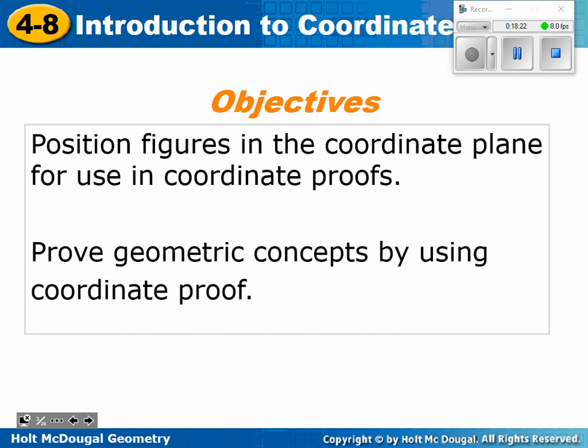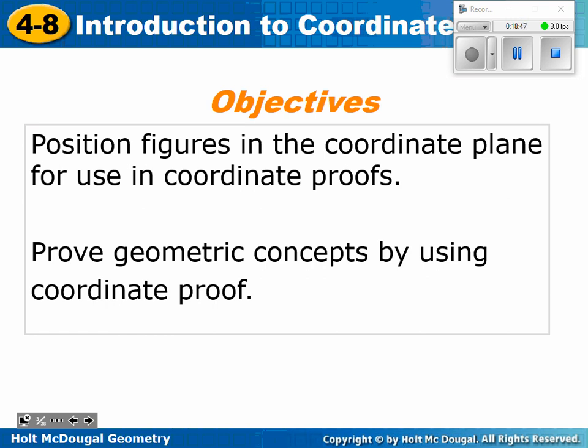Coordinate proofs are where you place your object in the coordinate plane, and then you use things like slope formula, distance formula, midpoint formula, Pythagorean theorem, any kind of formula that might calculate distances so that you can prove those two triangles congruent.